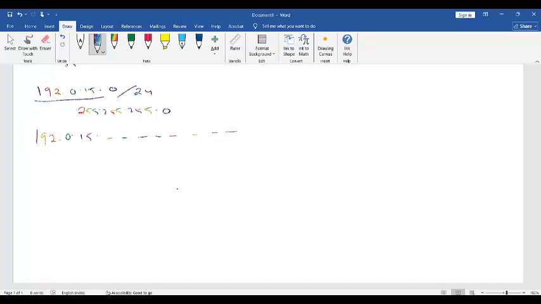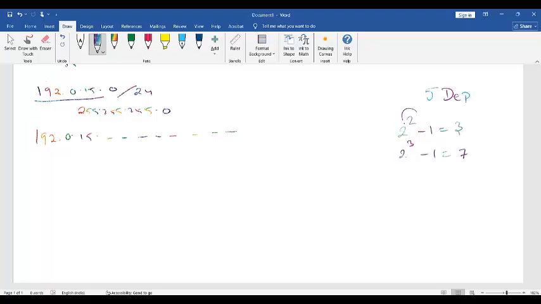How many we are going to give and how many we are going to keep for host depends on the number of departments. Let's say this time we have only 5 departments. 2 to the power of 2 minus 1 gives me 3 only. 2 to the power of 3 minus 1 gives me 7.